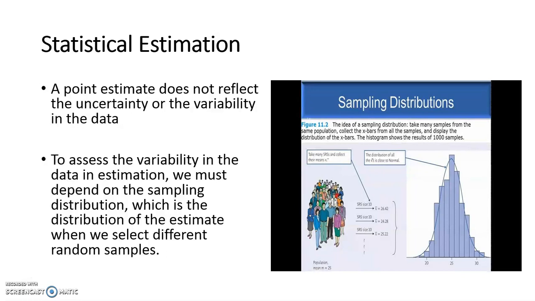If you draw many different samples, you get many different estimates. To assess the variability in estimation, we must depend on the sampling distribution, which is the distribution of the estimate when we select different random samples. That's how we take into account the variability in the data.